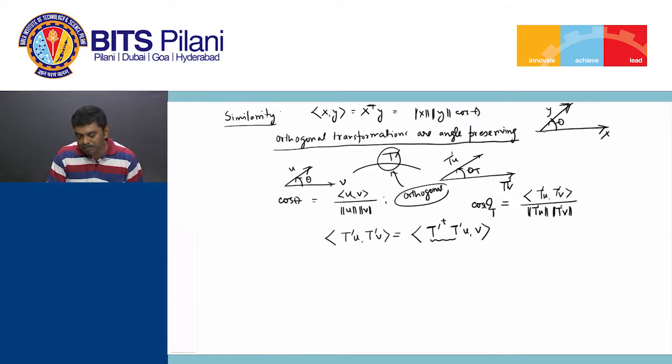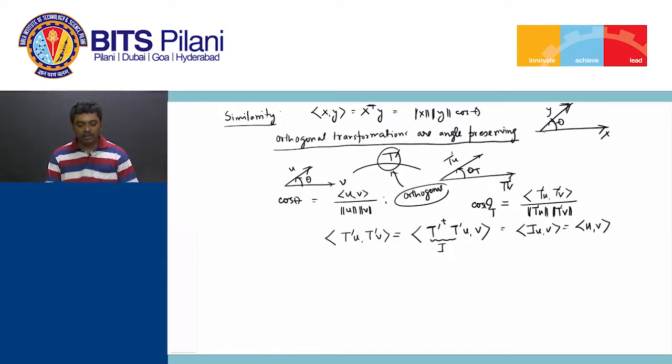So t dash transpose t dash has to be an identity matrix. So I can replace this with an identity matrix, and therefore I have this, and you know this is really trivial, and I get back to u and v. This is something that we claimed, right?